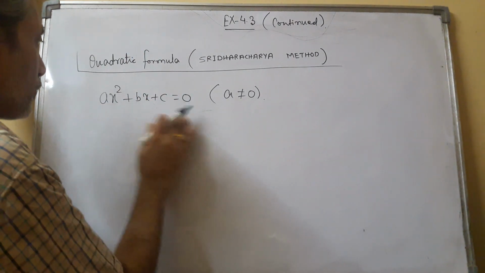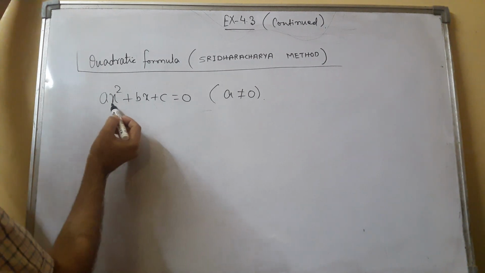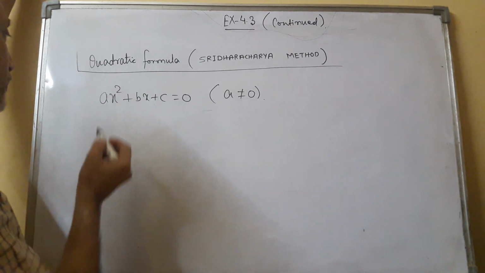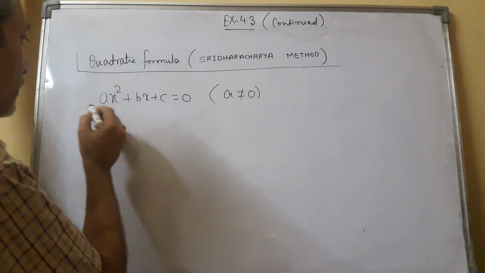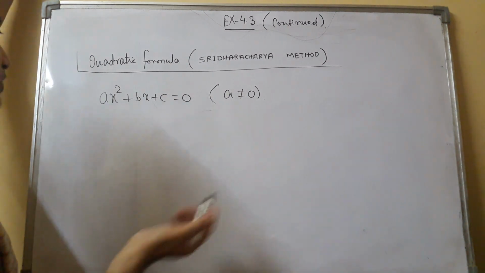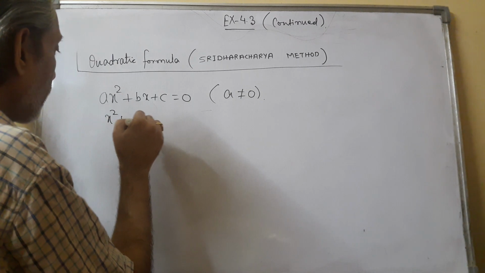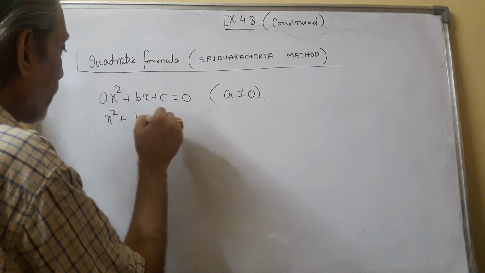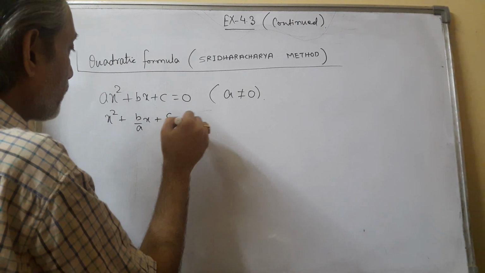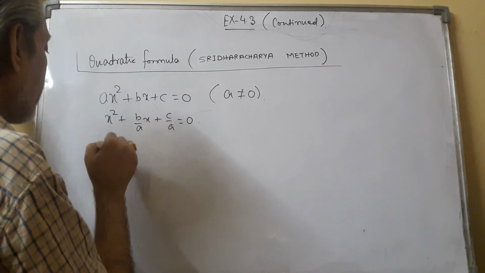So look how to solve this. The first thing, we will make the coefficient of x square equal to 1. So divide both sides by a. So we have, make it a perfect square.